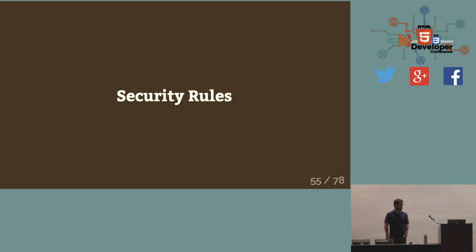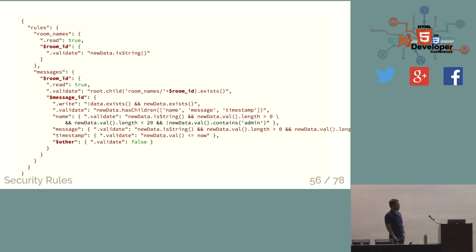Security rules are very powerful, but they end up getting awfully unruly awfully fast. So here's a basic example of what some security rules look like. Let's not get into it. There's reads and writes and validates, those dot things, and then the top keys, rules, room name, messages, $roomId, those are all referencing locations.